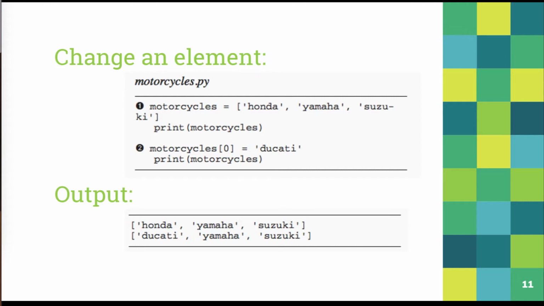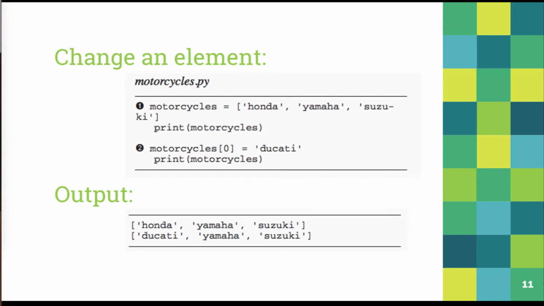In line 1, we had created our original list, and you see the first line of the output has Honda in it. That's the original list. And then at point 2, we changed item 0 in the list. We said item 0 now equals Ducati. And then printing the motorcycles, you see that item 0 does in fact equal Ducati.